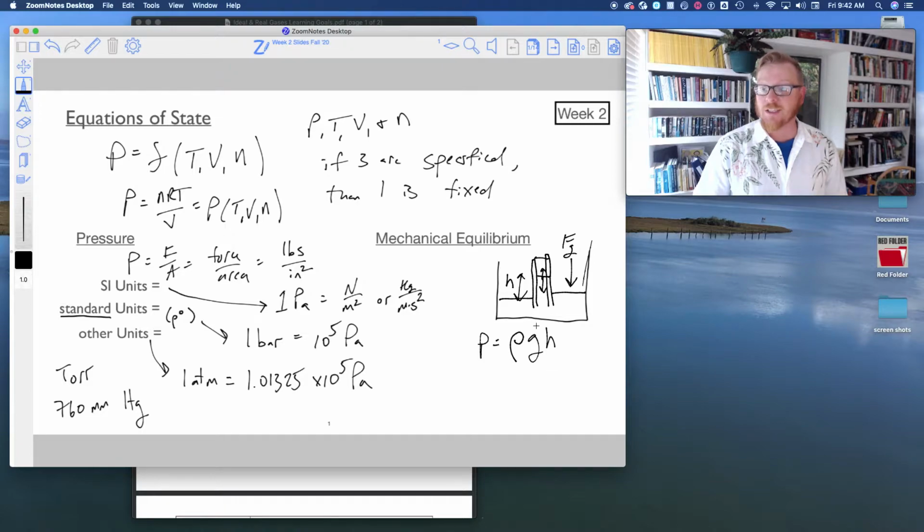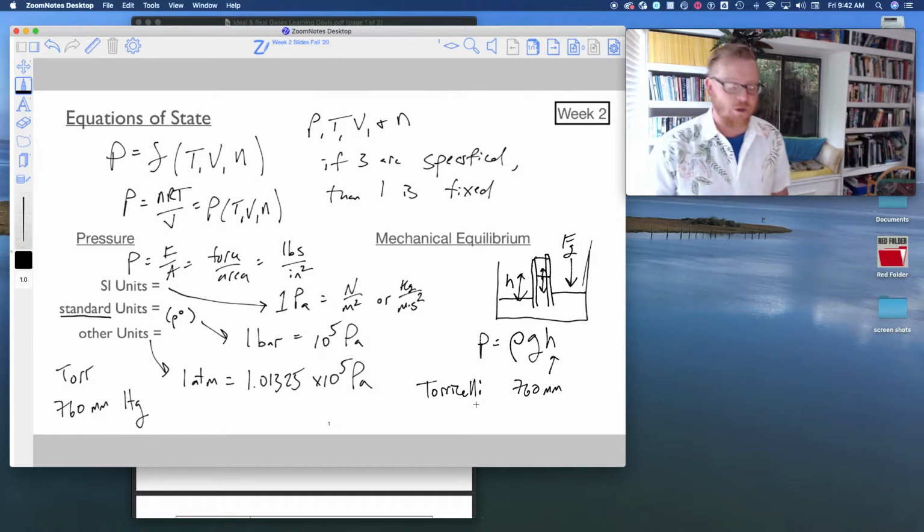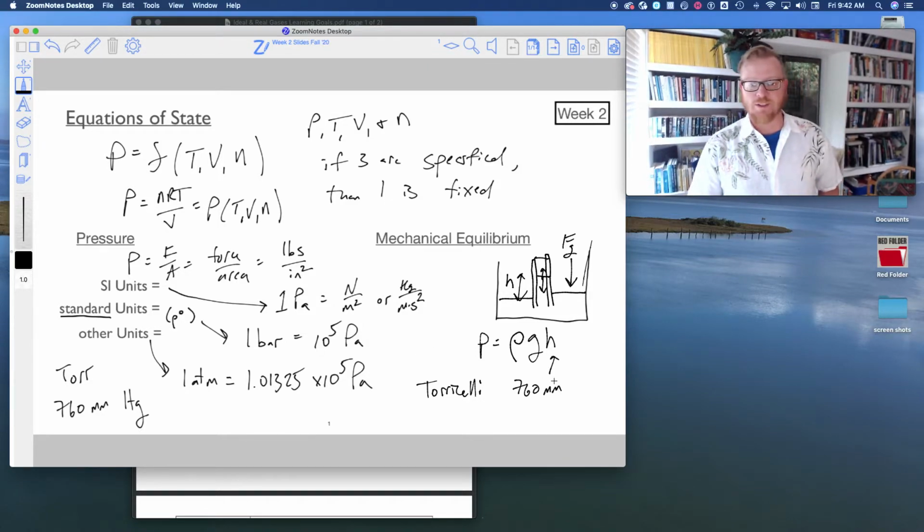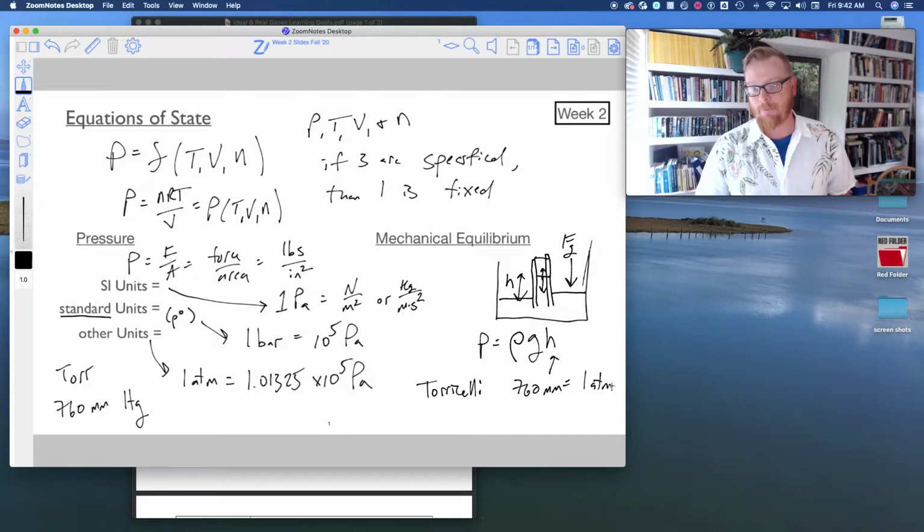And if this liquid is mercury and we're at sea level, then that's going to be 760 millimeters above the other liquid surface, okay? And this is given for Galileo's graduate student, Torricelli. So the torr is named for Torricelli. So we recognize that that gives us 1 ATM.